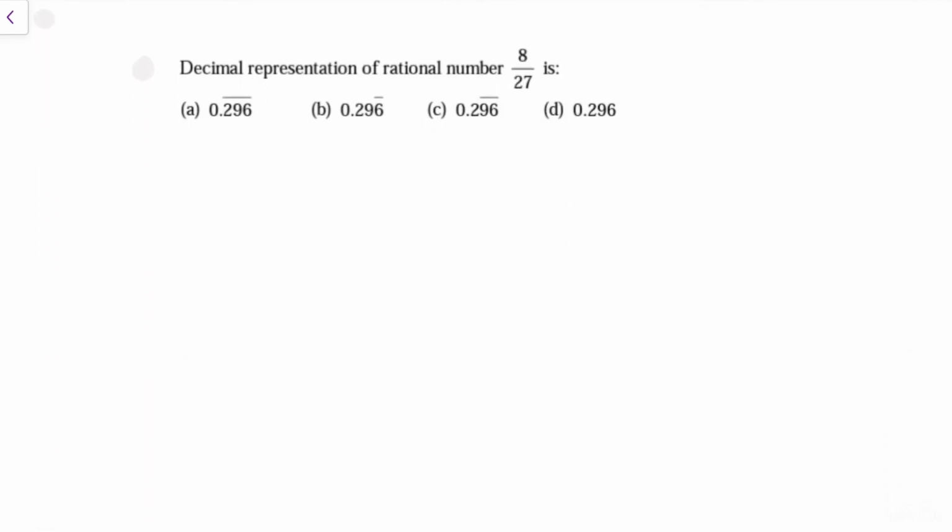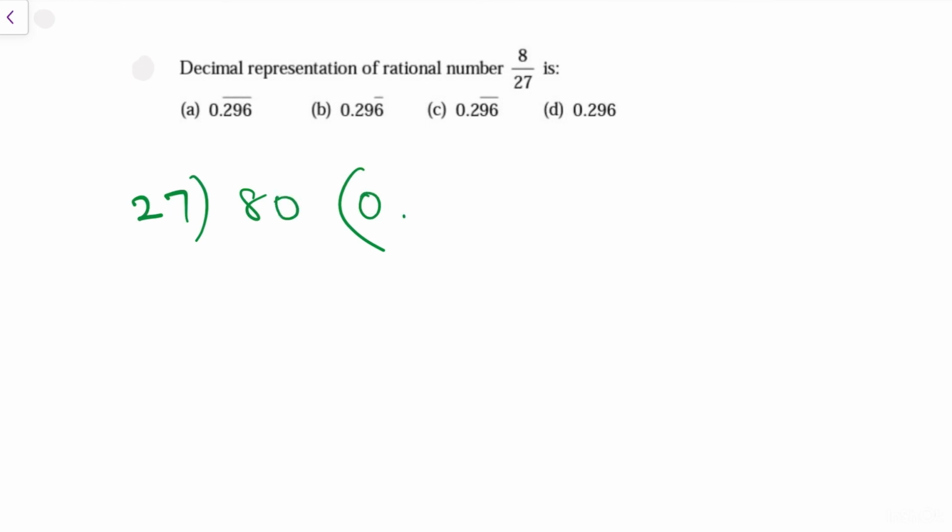Next, what is the decimal representation of the number 8 divided by 27? So we need to divide 8 by 27. Now here if we observe the 27 table, 8 won't come, so that's why 0 point.